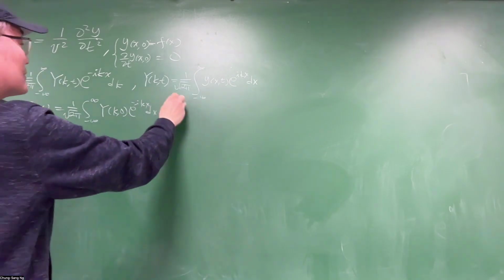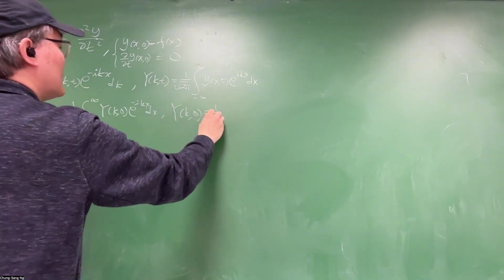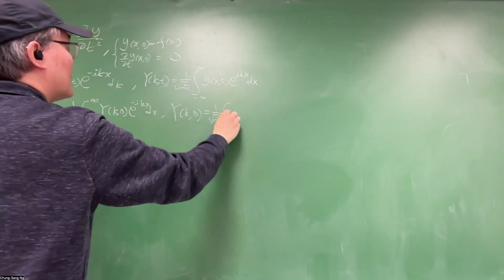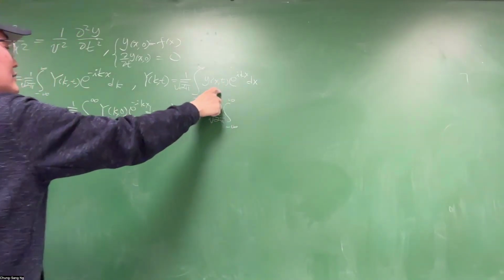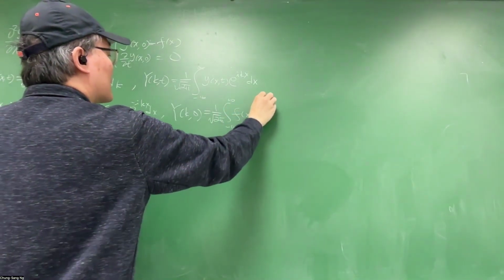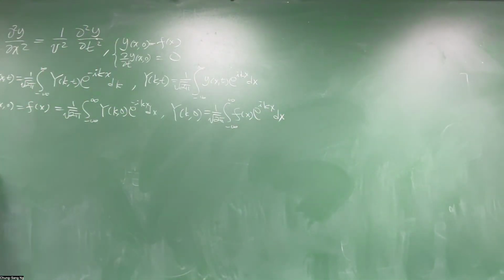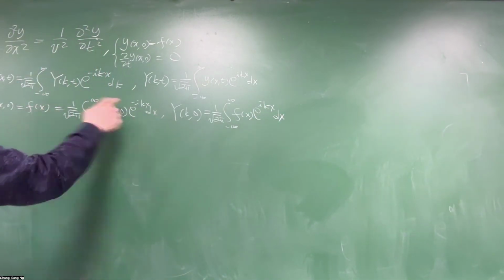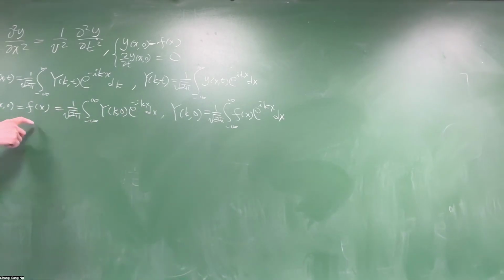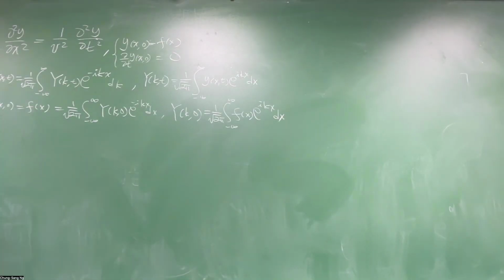And likewise, the Fourier transform is y at 0, so it's just F(k). The pair for t equals 0 is given by that, except that the initial condition is F(k). Okay.